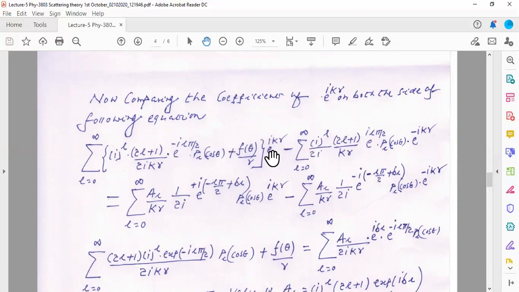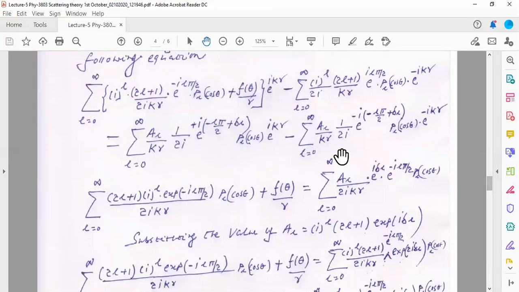You make the correction here, that the curly bracket position should be here, and e to the power of ikr is multiplied with this term and with this term. So please note down. Once you know this, I can write down the coefficient of e to the power of ikr on the left hand side, and the coefficient of e to the power of ikr on the right hand side.